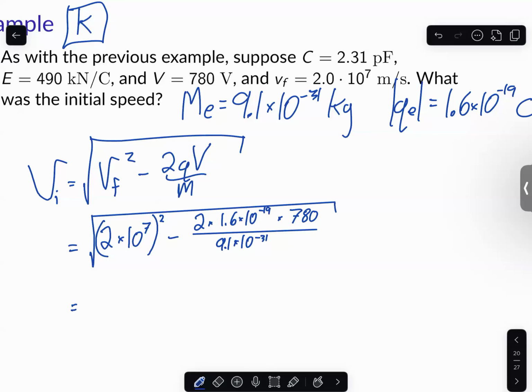Don't forget to take the square root. The electron does not go faster than the speed of light.